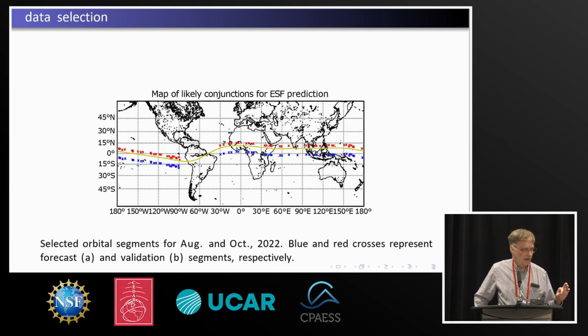And then an orbit later, 105 minutes later, the red spots indicate the satellite returning to the same longitude sector, where we'd be in a position to diagnose what happened. So we had criteria for finding these orbits, a number of things went into the criteria. The blue spots are where the forecast will be made, where we'll scoop up all the information we can to parameterize the forcing of the simulation code, which will run for 105 minutes. And then the red spot is where we do the assessment.